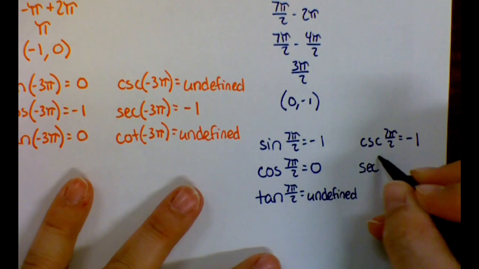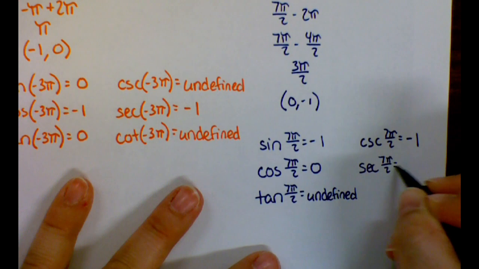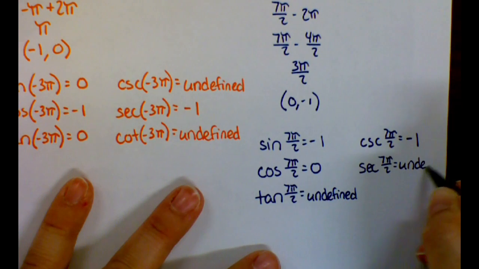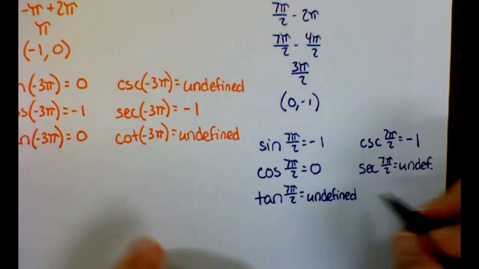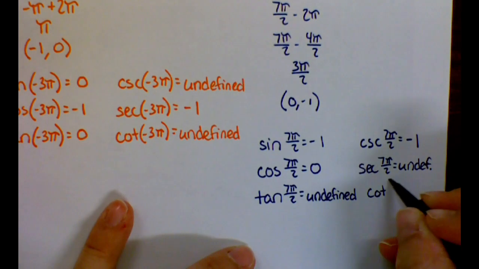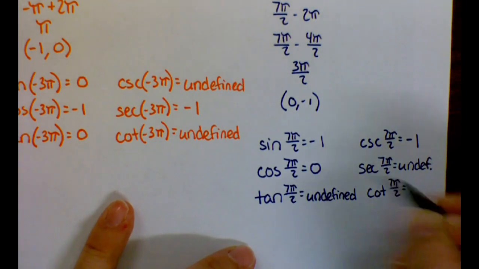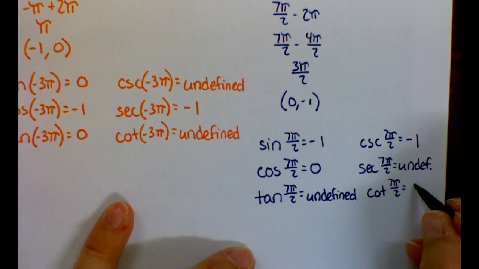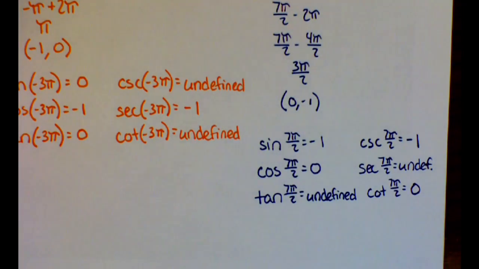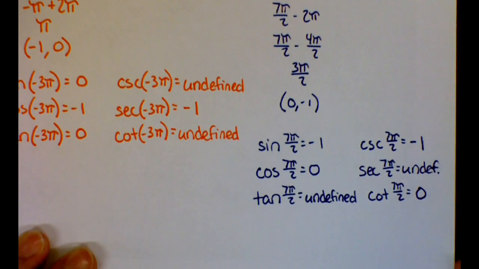The secant of 7 pi over 2 is 1 over 0, so undefined. And the cotangent of 7 pi over 2 is x over y, so it is 0. So be careful, if your tangent is undefined, that means your cotangent is going to be 0.